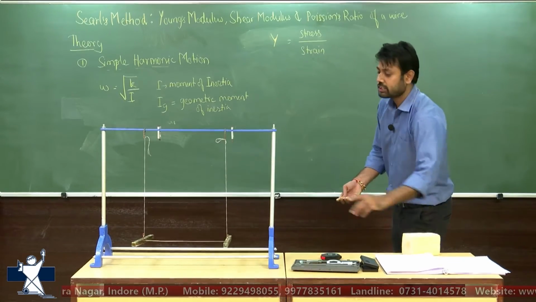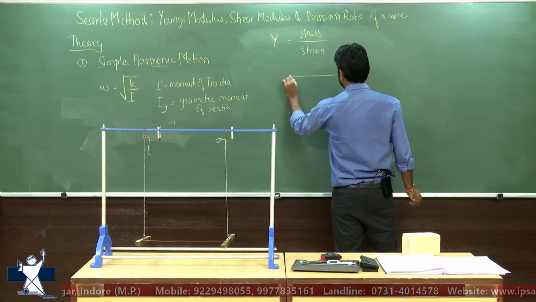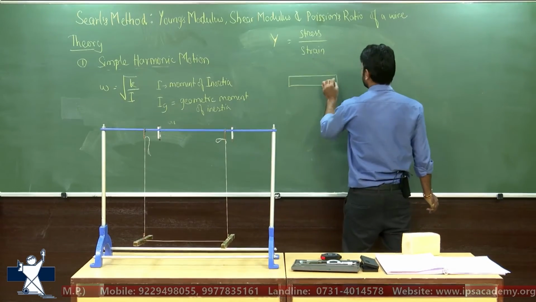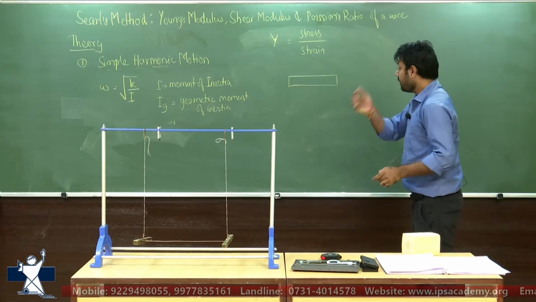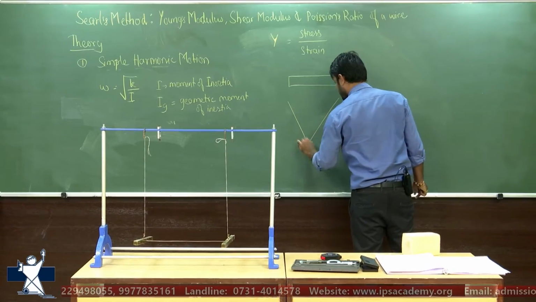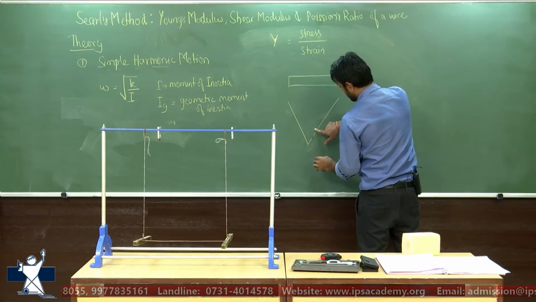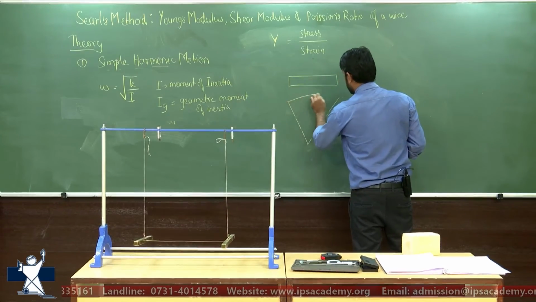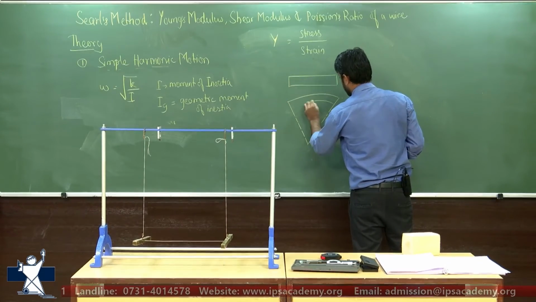So let's say you have this wire, and for a moment just assume this is a rectangular wire. Now if I bend it, let's say this is just a simple line to guide me. Let's say we bend it somehow, something like this.